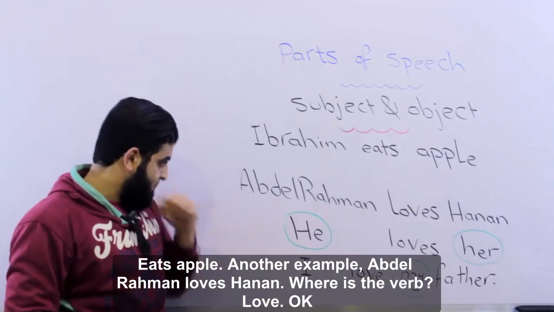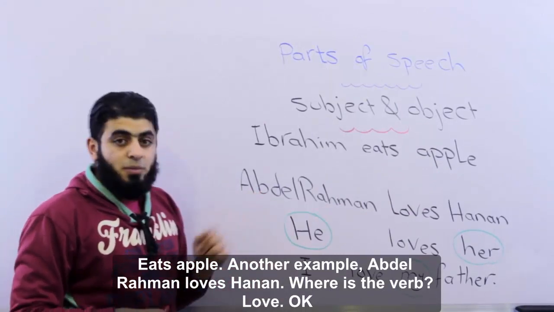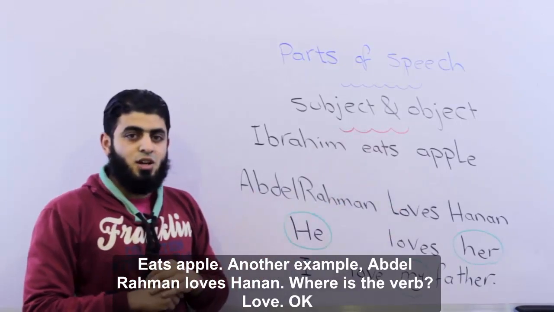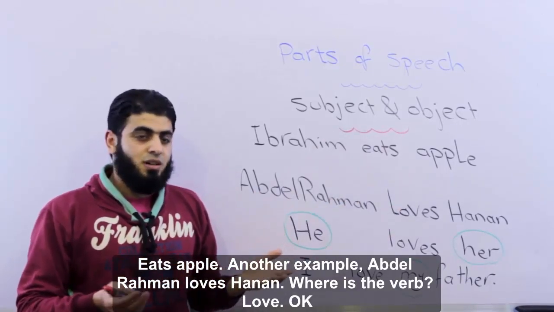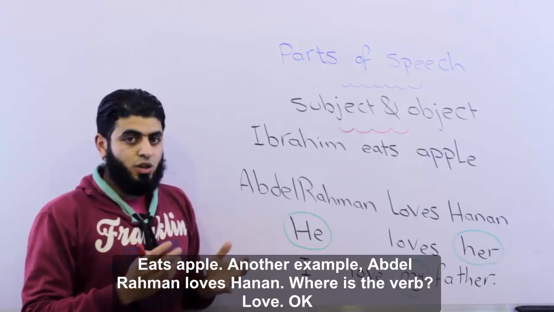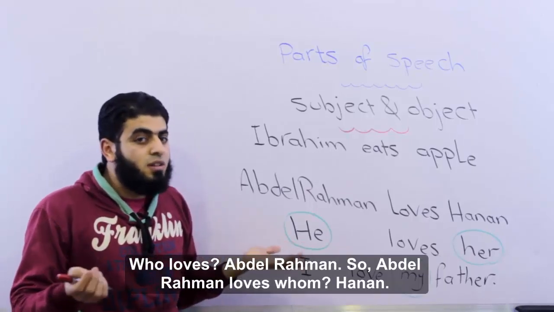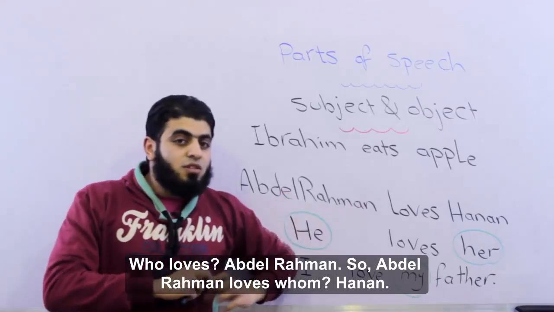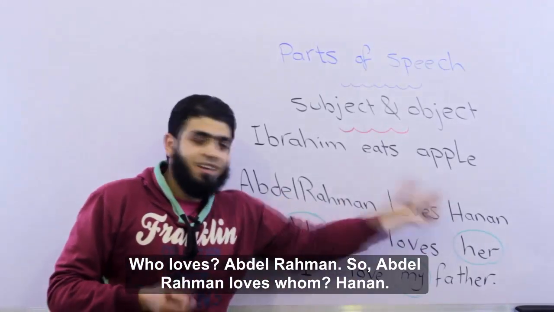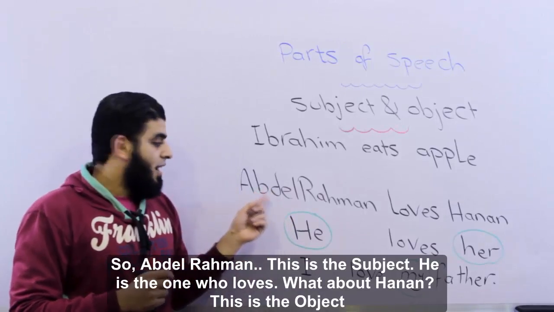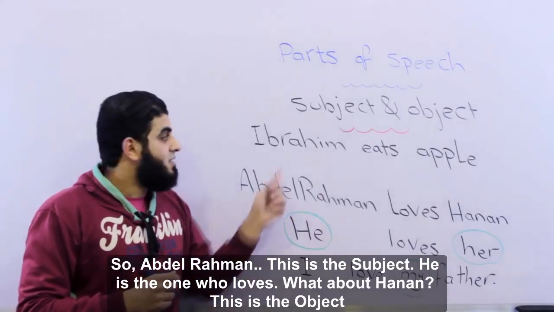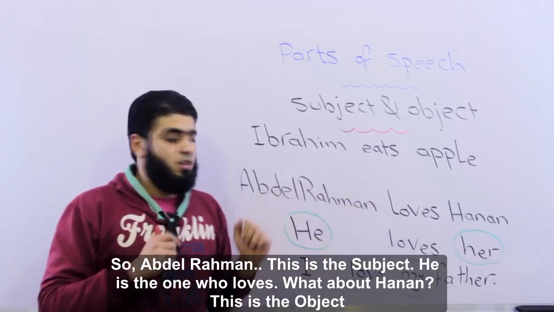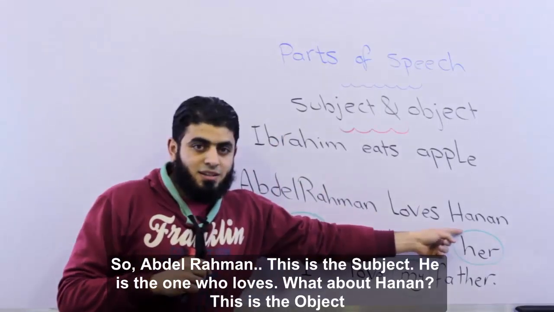Another example. Abdurrahman loves Hanan. Where is the verb love? Okay, who loves? Abdurrahman. So Abdurrahman loves whom? Hanan. So Abdurrahman, this is the subject. He is the one who loves. What about Hanan?